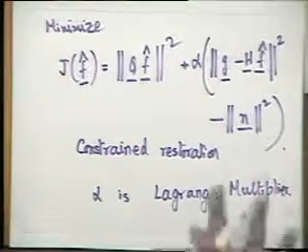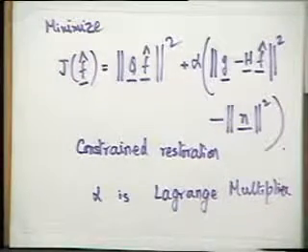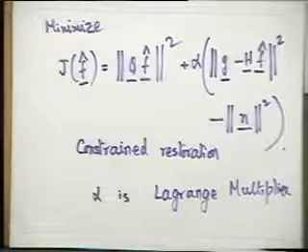All right. So now what we are going to do for constraint restoration, obviously the same thing which we did last time, that is to say this objective function J(f hat) we are going to differentiate with respect to f hat, and equate that to a zero vector.